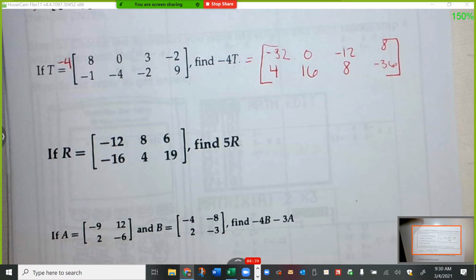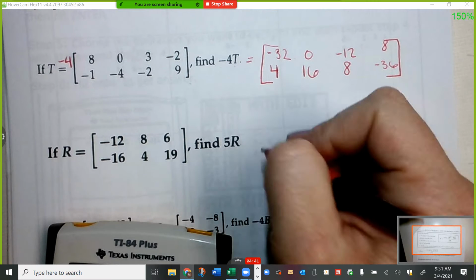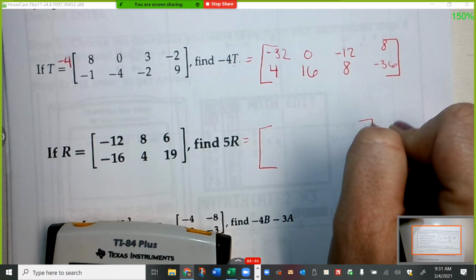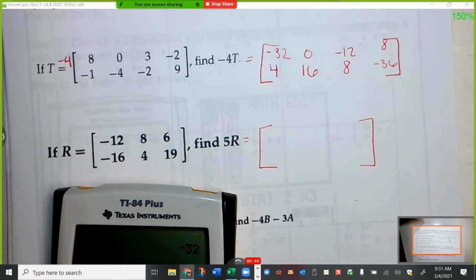Okay, so you should have gotten a 2 by 3. So 5 times negative 12.